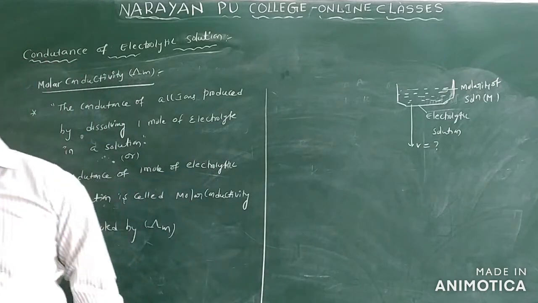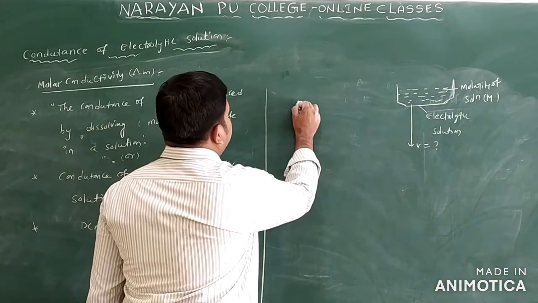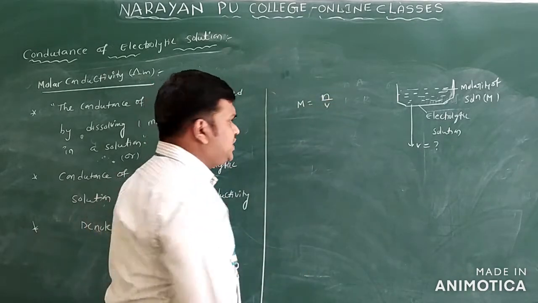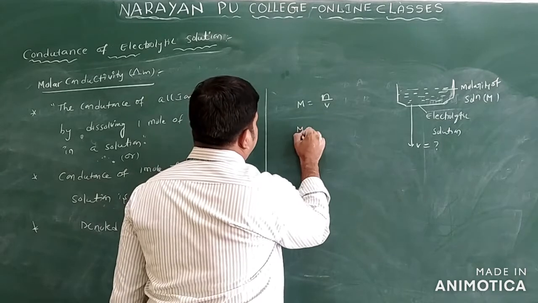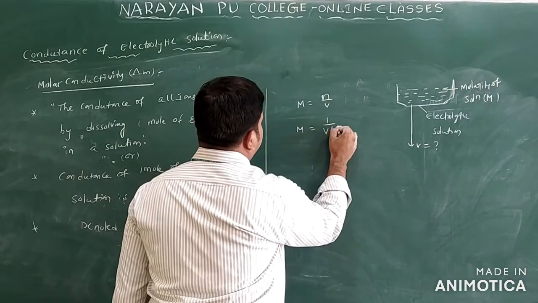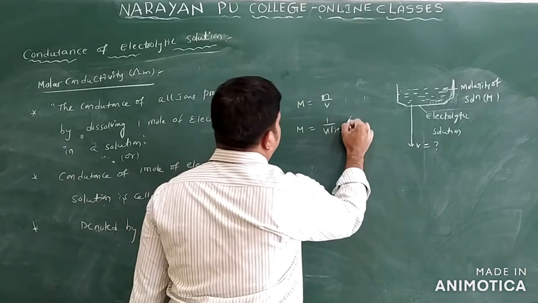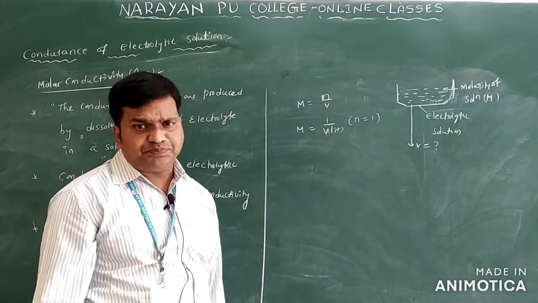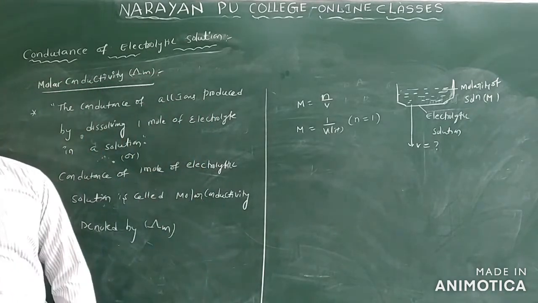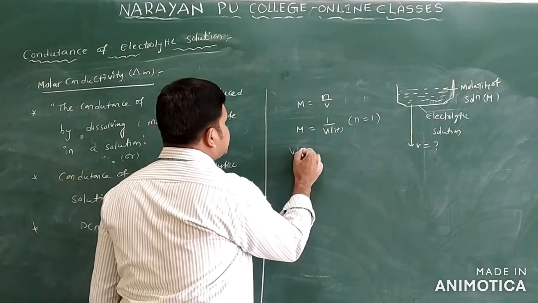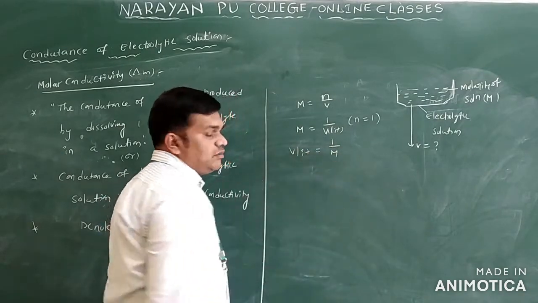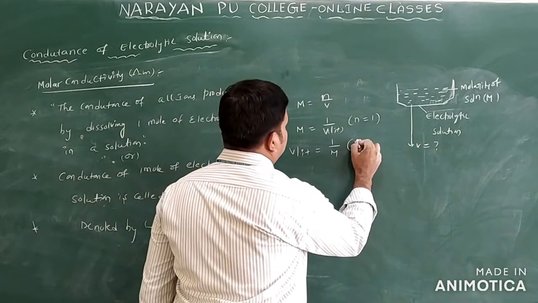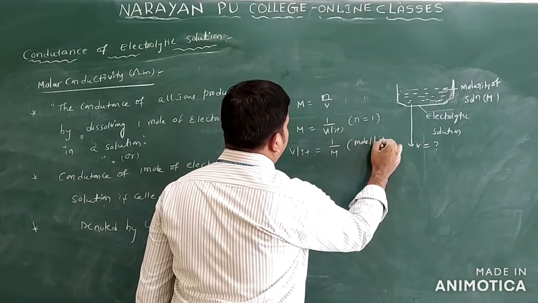Generally we know the formula molarity M is equal to n by V, where n is moles. Here M is equal to 1 by V in liters, because the number of moles is 1. So V in liters is equal to 1 by M, in liters per mole.